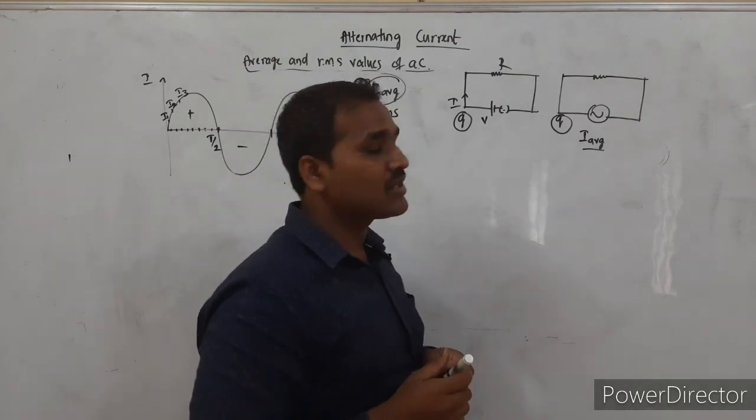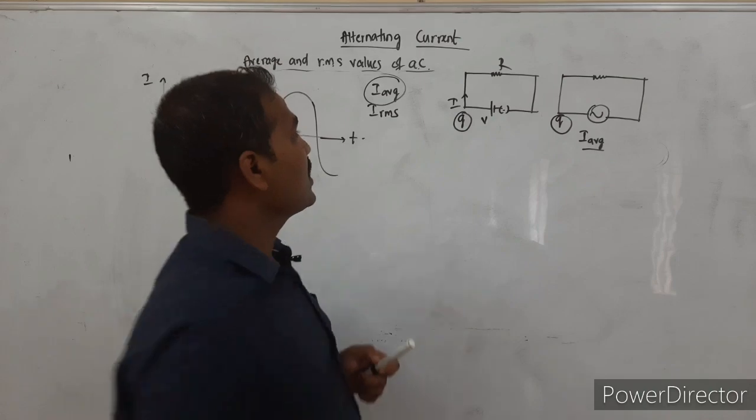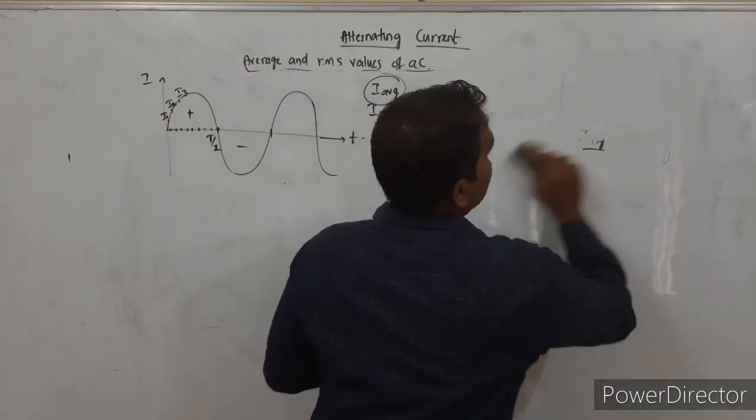So that is the theoretical definition of average value of alternating current.